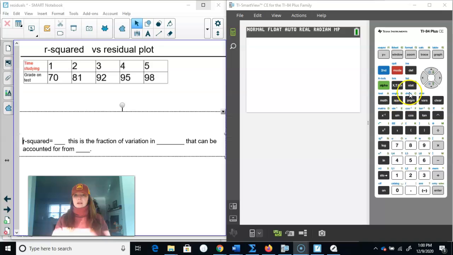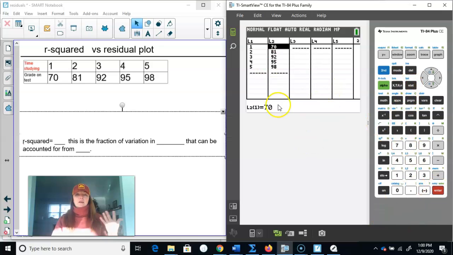If you have any questions, just let me know. So what I want to do right now is go to stat and hit enter on edit. Now I already have it in the graphing calculator, but I can do this again. If you have data in your calculator, you want to scroll up to L1, hit clear, and then hit enter. And then go over to L2, hit clear, and then hit enter.